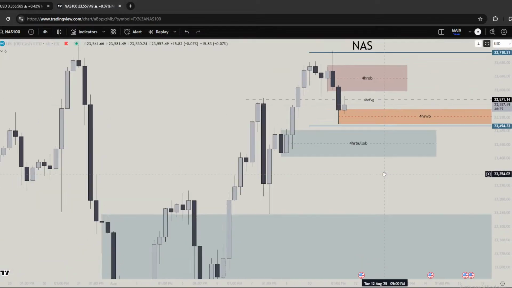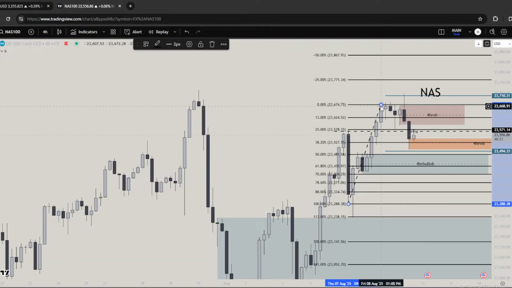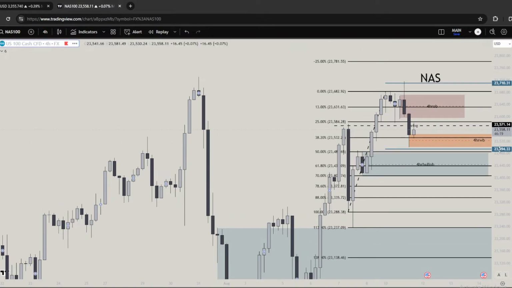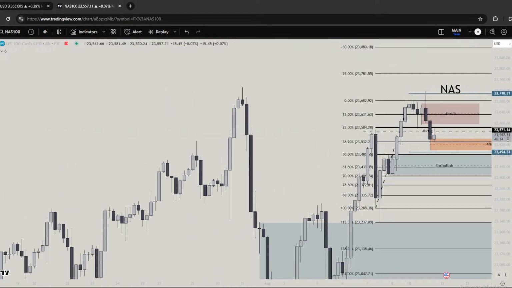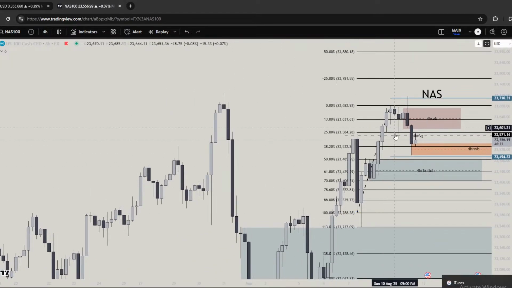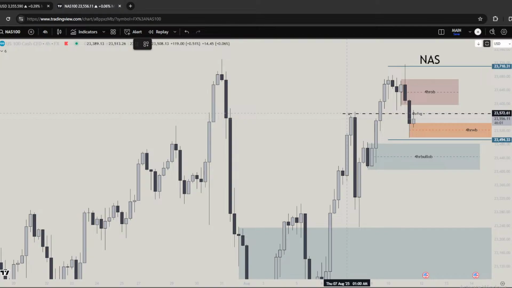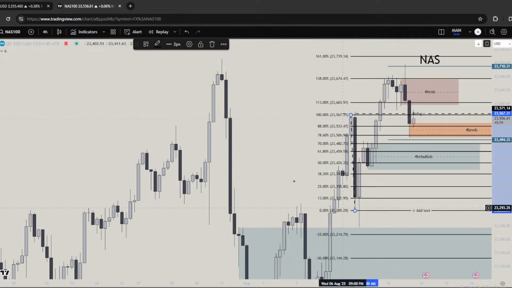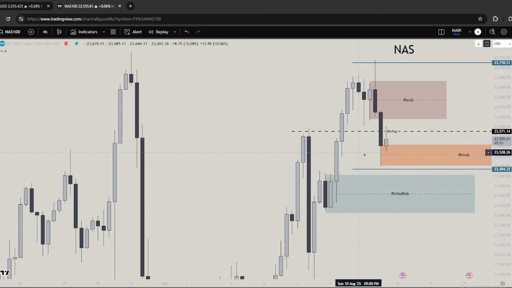I can draw my fib here, but this is already completed. We already took this high, completed at the zero.